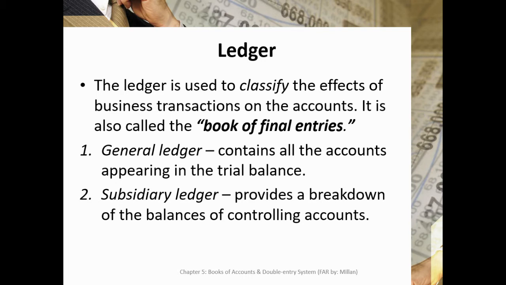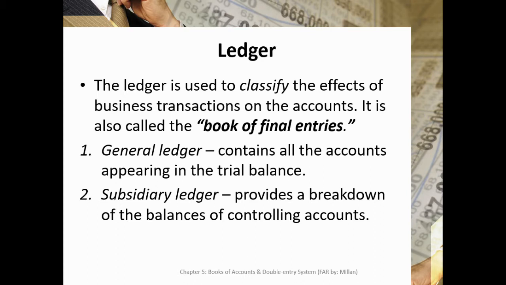So, yun yung difference ng subsidiary ledger at general ledger. So ulit, pag general ledger, makikita mo lang yung kabuuang accounts receivable na 100,000.